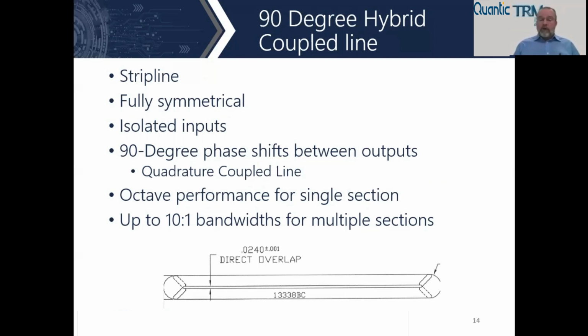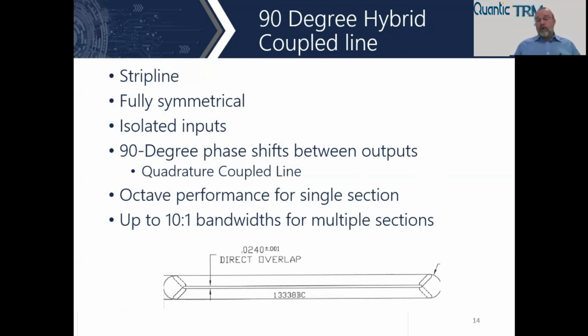What we can do is go with a symmetrical stepped taper, and this configuration can be expanded up to about a 10-to-1 bandwidth when we add say 9 sections to it. What this does is create a 90-degree phase offset between the two outputs from the one input. This can be a very effective way for generating networks that require a 90-degree phase shift. A lot of antenna networks, for example, require 90-degree phase shifts.